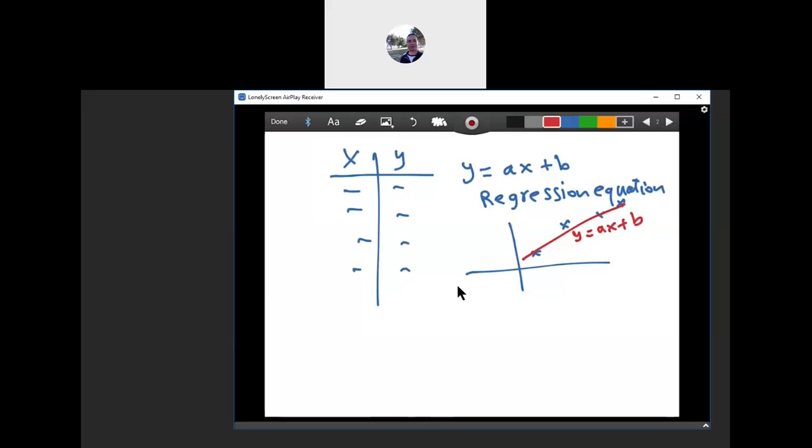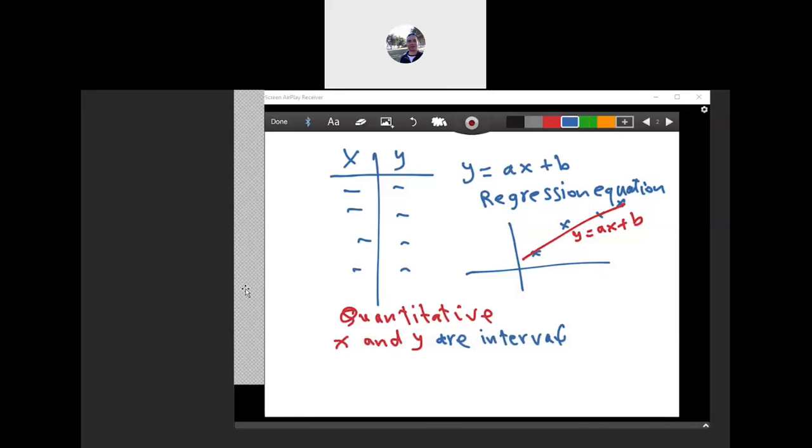Also, if these data are quantitative, it means x and y are interval or ratio, right? Interval or ratio. You remember the variable measurement?